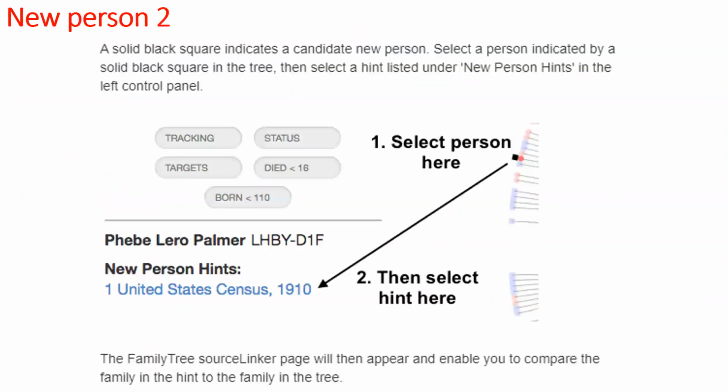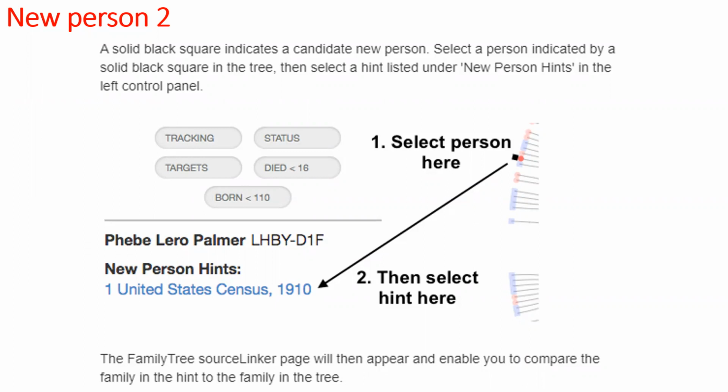So what happens when you do this, if they find somebody that they are confident you'll actually be able to add a name for, they'll put a black box by that person's marker in Puzzilla. And when you click on it, you're going to see who the person is, and there's going to be a new person hint or hints there.